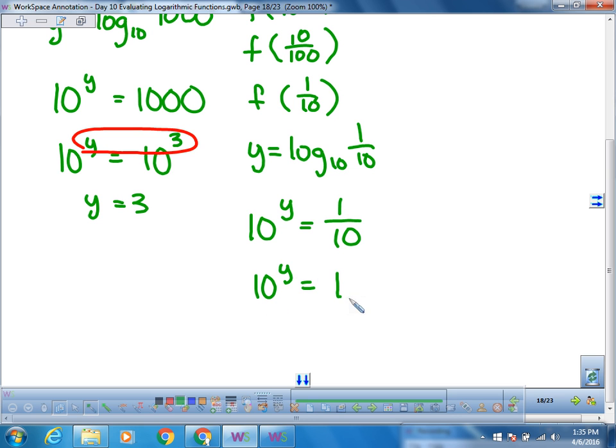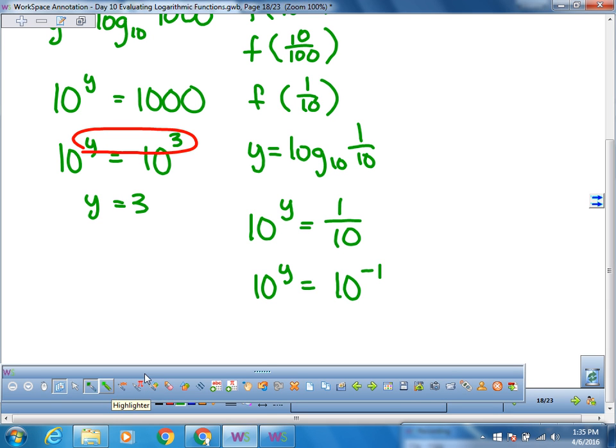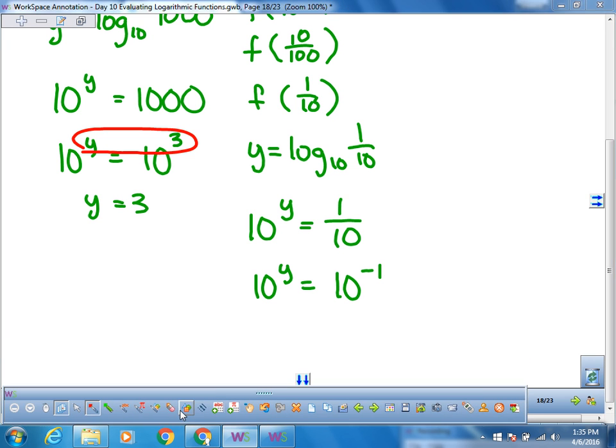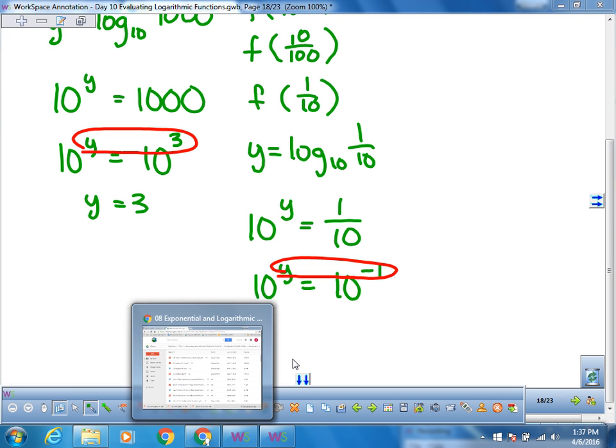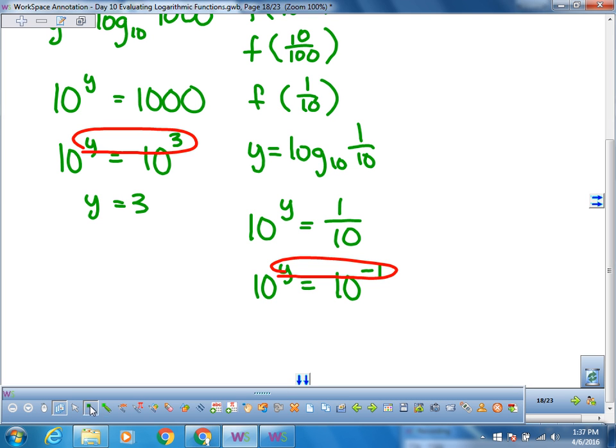Put that in the numerator, it will be -1. So y equals -1. I have one more hard one to do. Basically, tonight's homework is just taking what you already know how to do, taking last night's lesson and turning it into what you already know how to do.